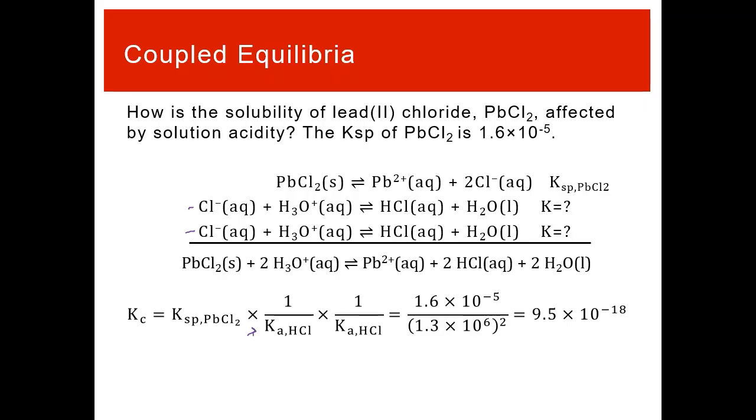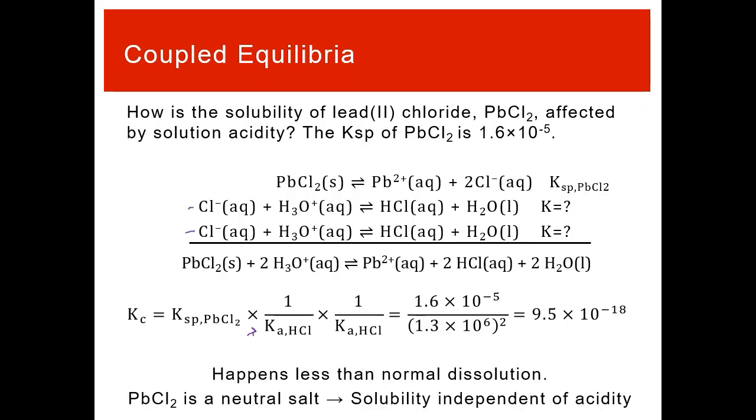But wait a second, our resulting Kc is lower. And that's because HCl is a strong acid. So because HCl is a strong acid, that means chloride is not a base. And so this ends up not being a salt that we would predict to have its solubility changed. So it's not always true that things become more soluble under acidic conditions.